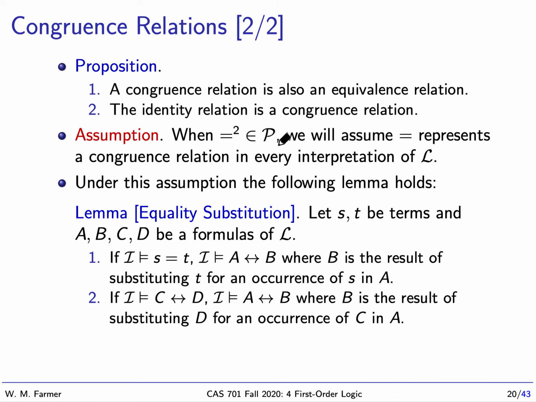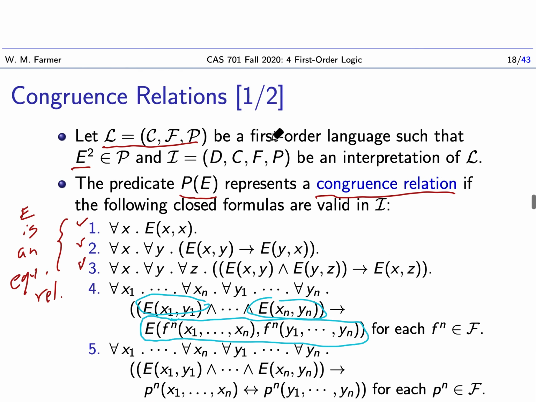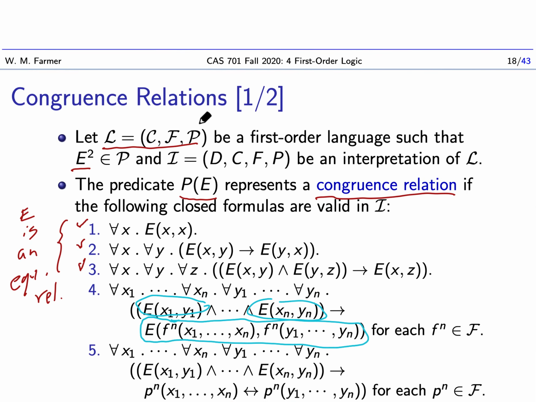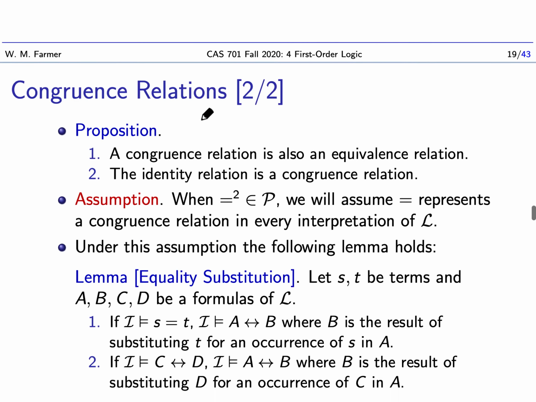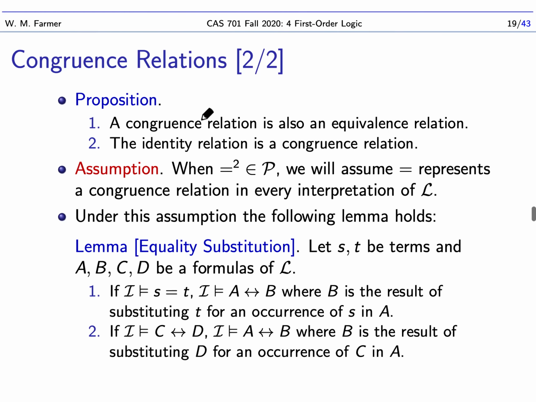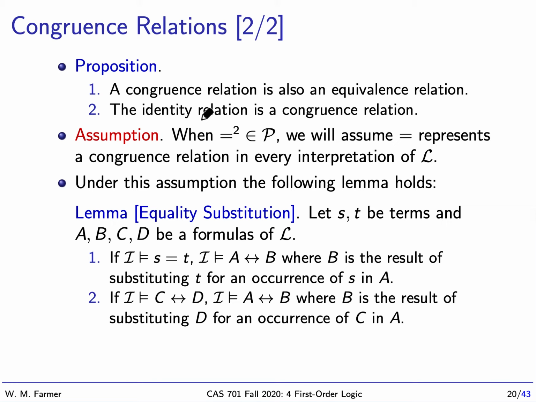If we have a language like this one where we have a set of predicate symbols, and one of our predicate symbols is equals, the normal equals, we will assume equals represents a congruence relation in every interpretation.